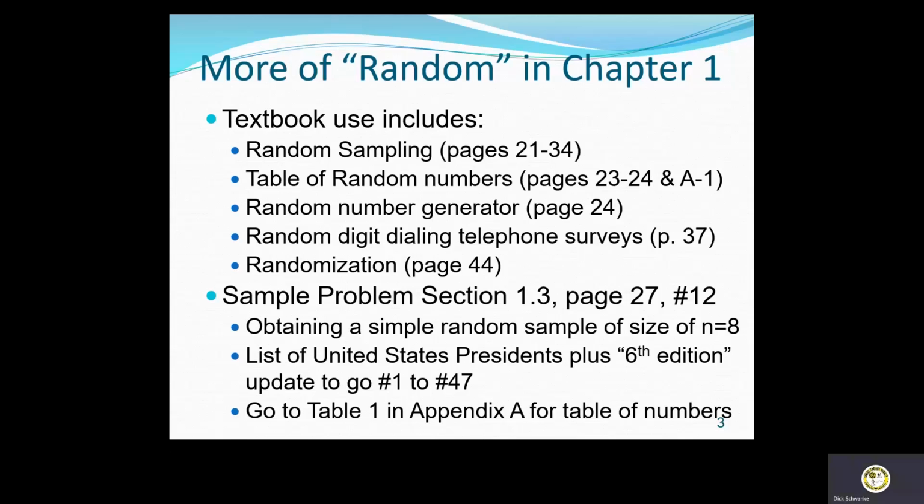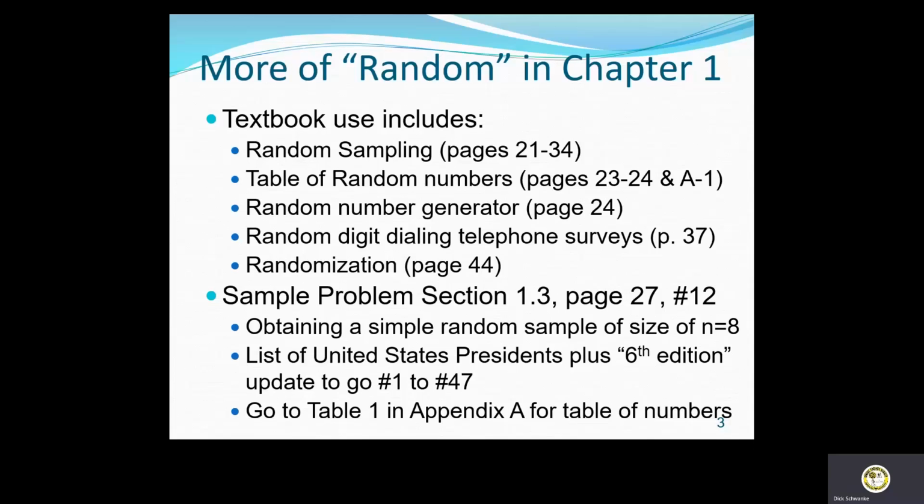We'll take the example on page 27 and pretend we already have the 6th edition of the textbook, because this is typically what they do when they make new editions: they simply update and make sure that the last 2 presidents that aren't on the table in your book are on our table. So we'll go from 1 through 47.